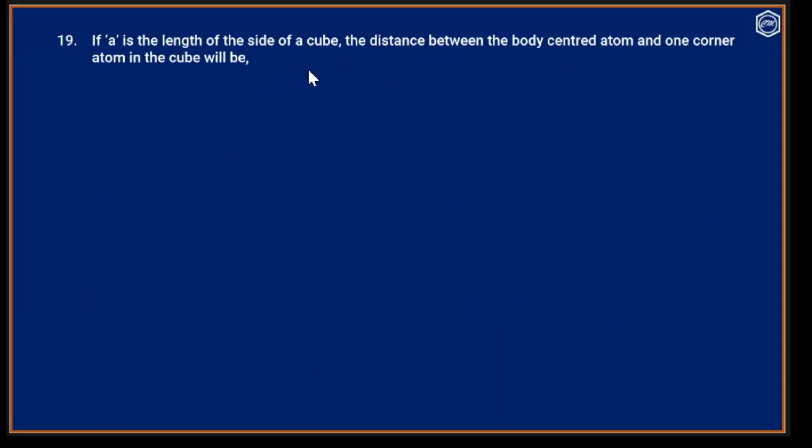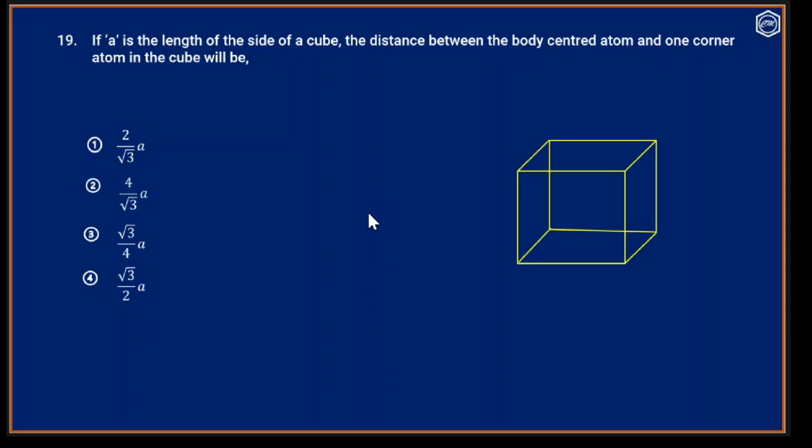If a is the length of the side of a cube, the distance between the body-centered atom and one corner atom in the cube will be: 2 by root 3 a, 4 by root 3 a, root 3 by 4 a, root 3 by 2 a. Take the example of a cube. If a is the length of the side of the cube, the edge length, consider the distance between the body-centered atom and a corner atom.